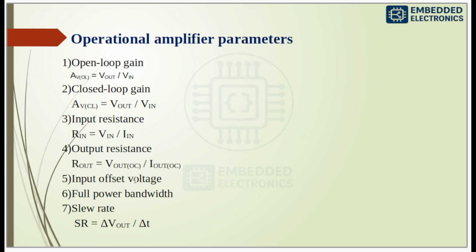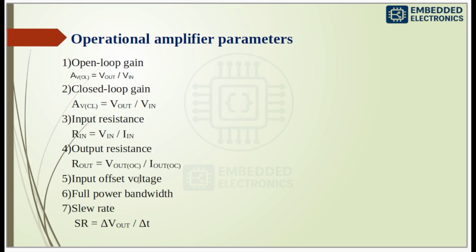Next is the input offset voltage. An ideal operational amplifier would provide 0 output voltage when 0 difference is applied to its input. In practice, due to imperfect internal balance, there may be some small voltage present at the output.